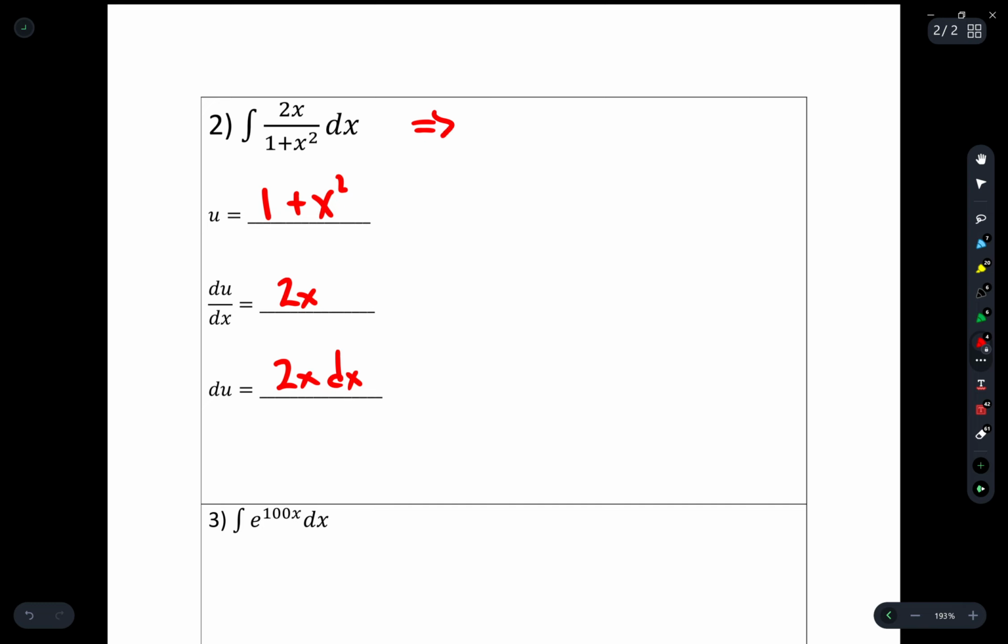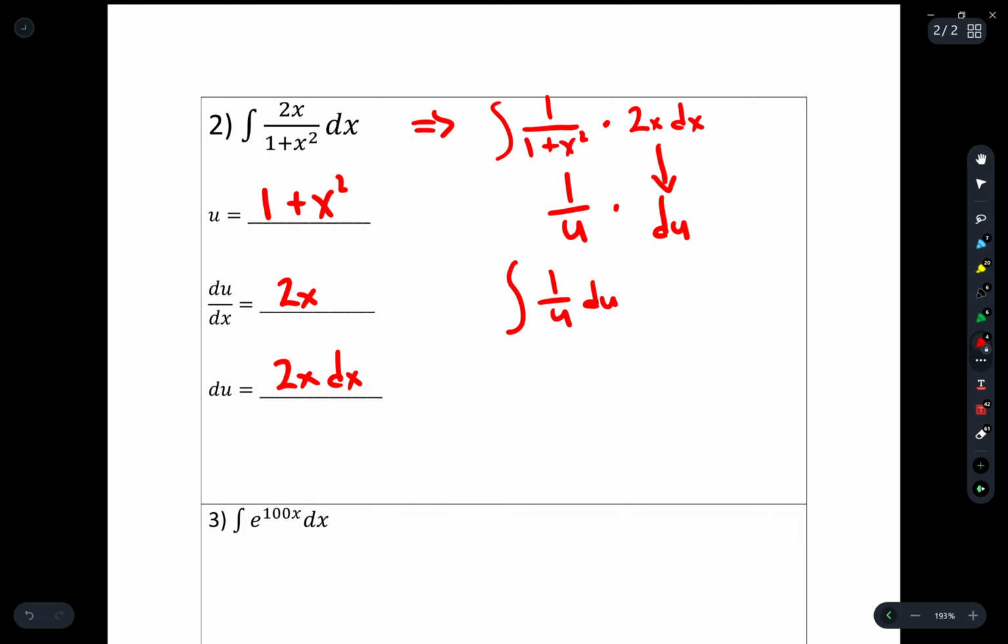Like I said here, let's move some things around. I have 1 over this here times 2x dx. Hopefully you see here, this is my du, and this is my 1 over u. So now I can write a new integral, 1 over u du. Well, what's 1 over u?